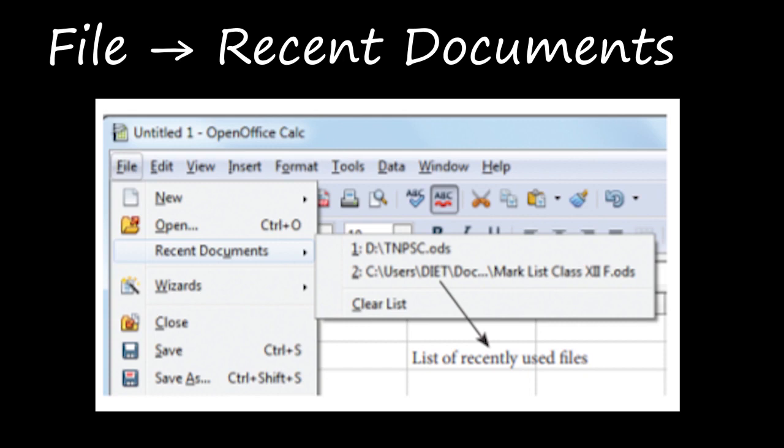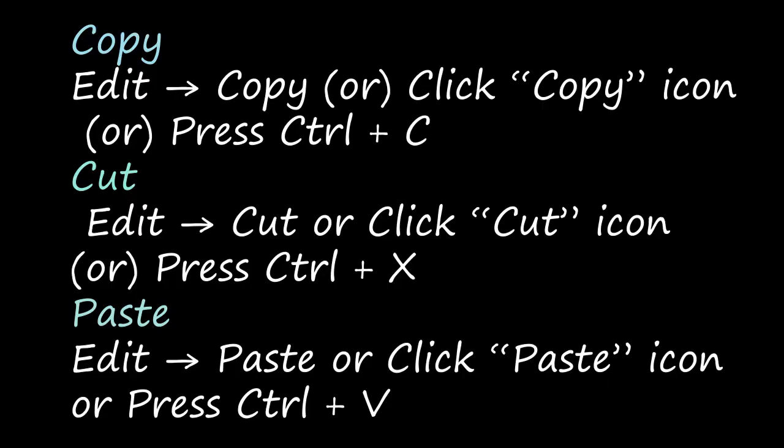And now we are going to see about copy, cut and paste. To copy, you select the particular cell which you want to copy. One cell means one cell. If you want to copy 10 cells, you select those 10 cells and go to Edit and Copy, or click the Copy icon on the toolbar, or the other way is by shortcut.